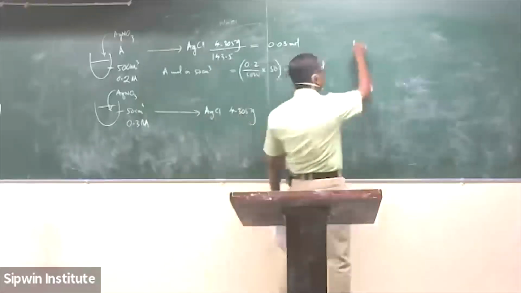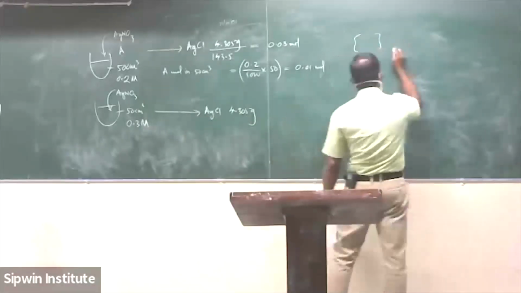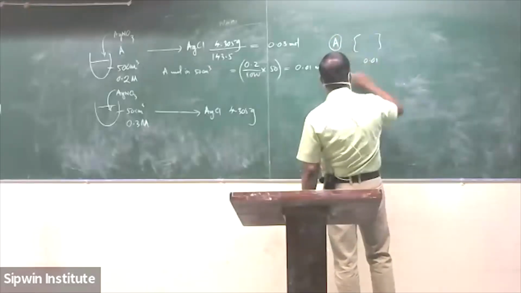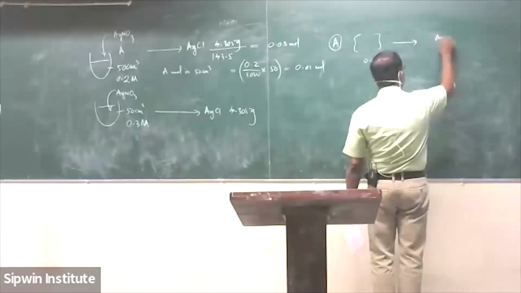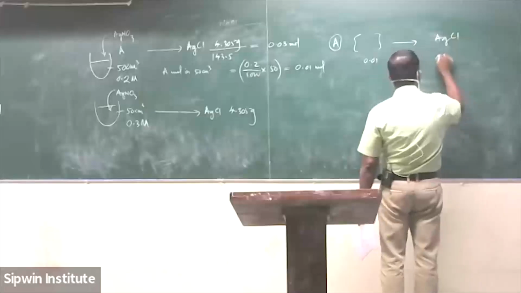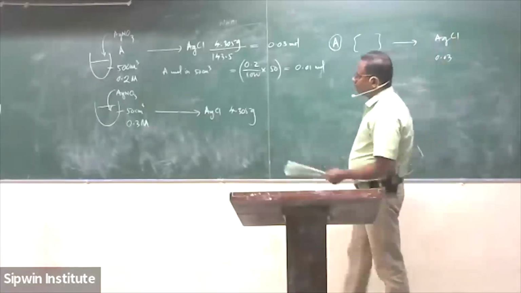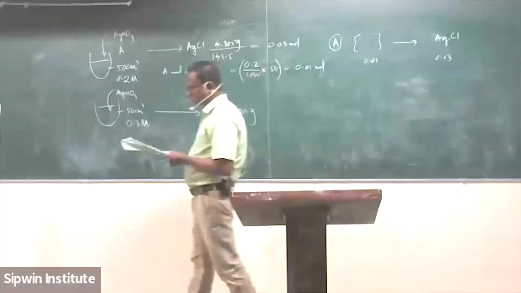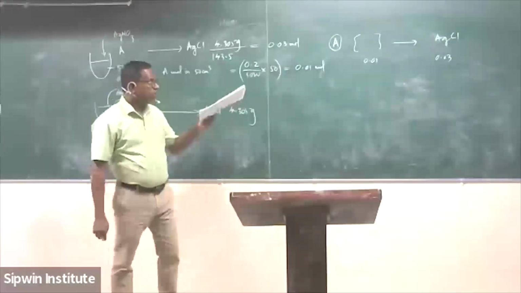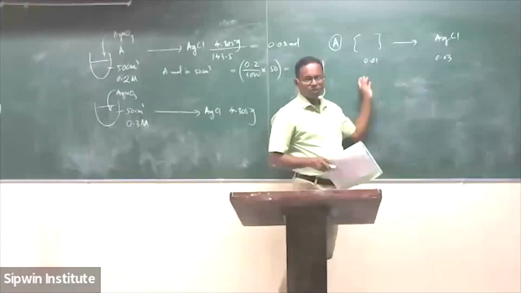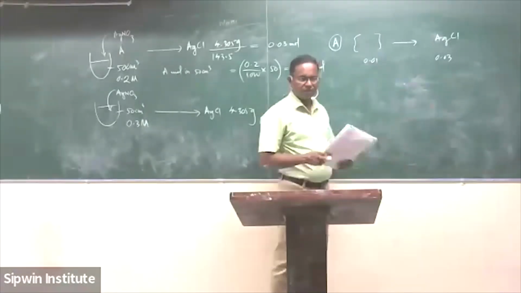So the silver complex, 0.01 mole, gives silver chloride 0.03 moles. To give 0.03 from 0.01, that means 1 mole gives 3 moles of silver chloride.